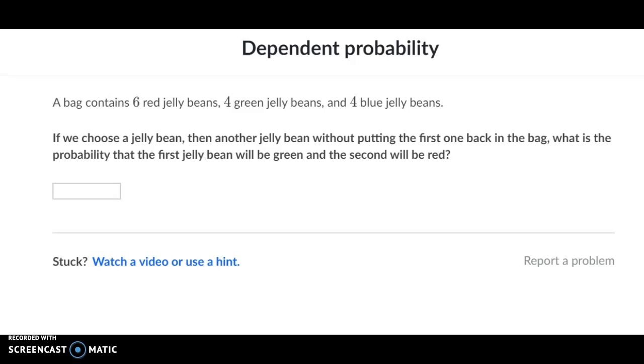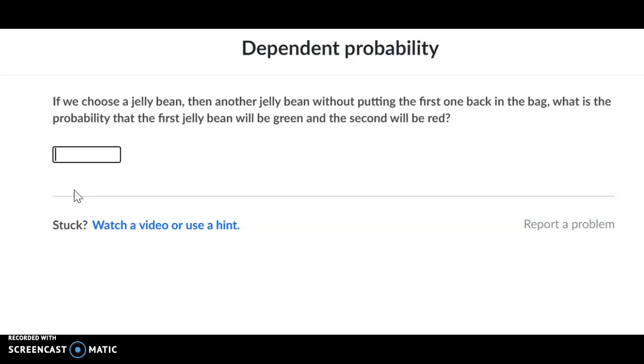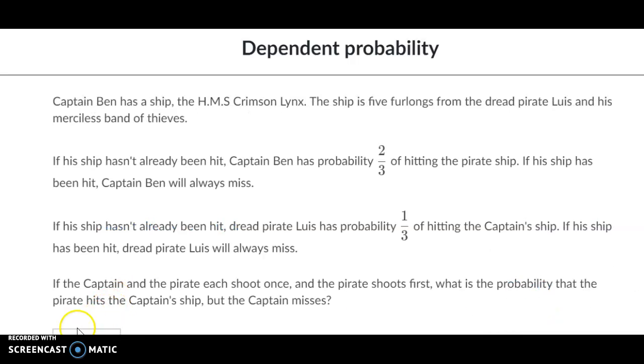And if we multiply those together, we would get 12 out of 91. And if we do that as a decimal, we get about 13.2%. So I'm going to try putting it in that way. It's 13.2. They may not like the decimal. They didn't quite like it. We're going to move on.